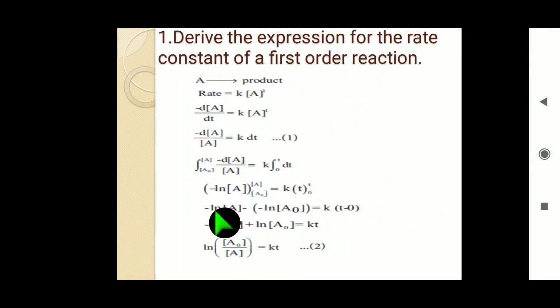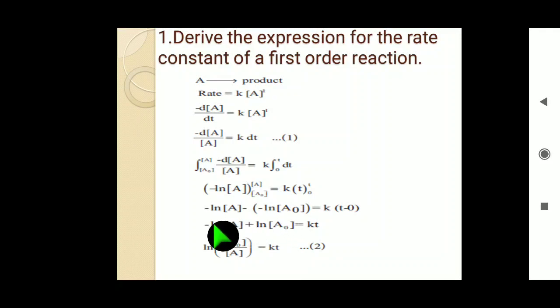Next, minus ln A minus, within bracket, minus ln A0. The limits are applied inside, equal to kt.